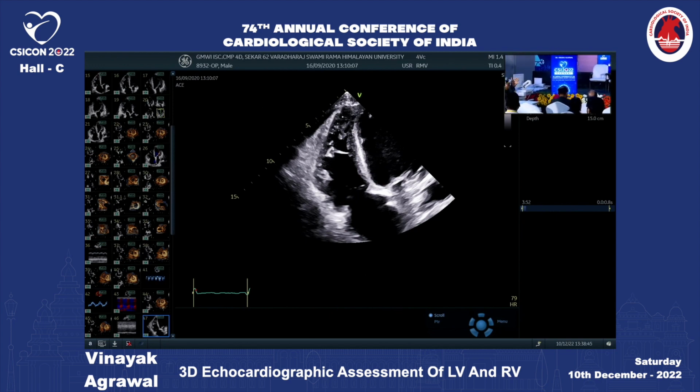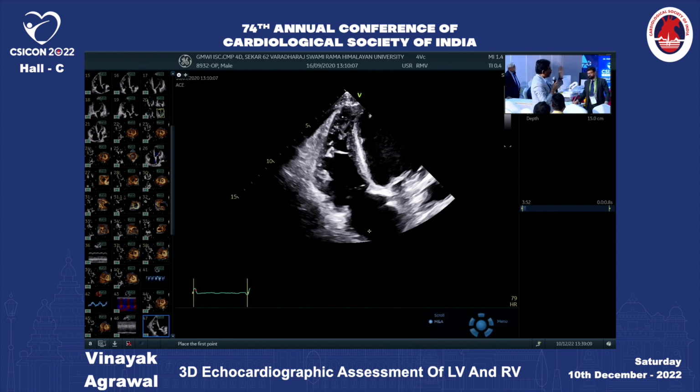First, you go to the apex area, then go laterally, one space more lateral, then twist the probe marker first towards the right shoulder, then go towards the liver. Then in between you will get this RV focused view.